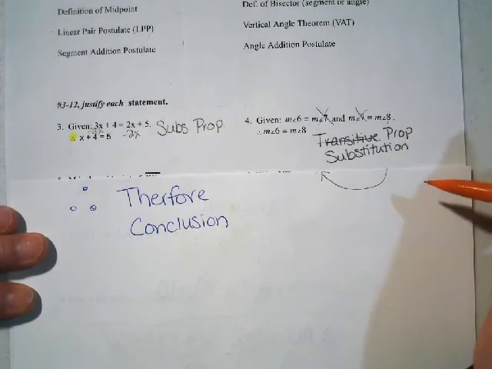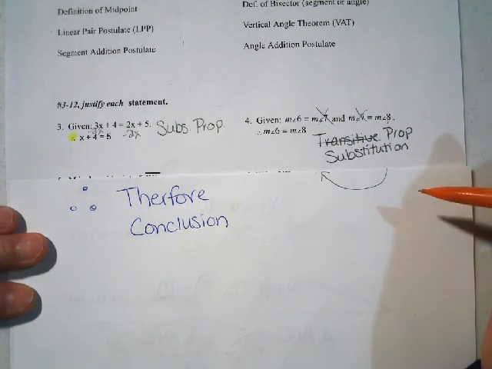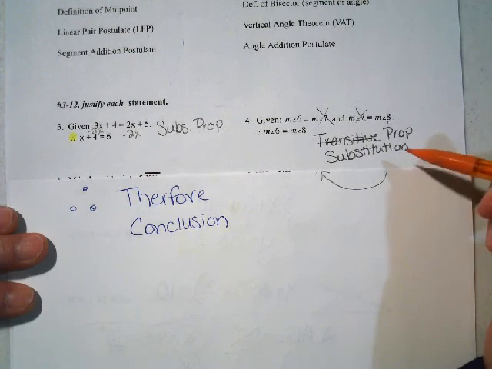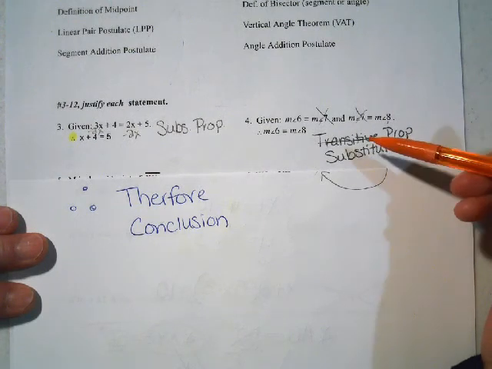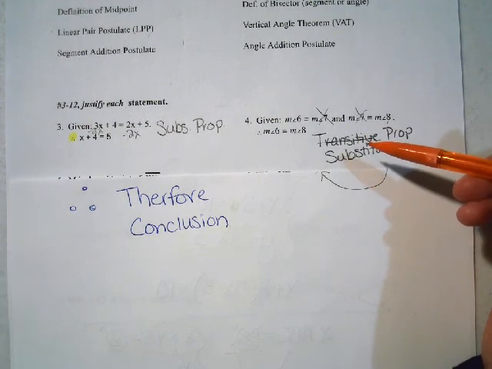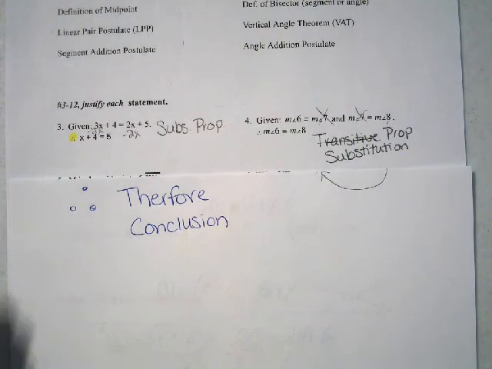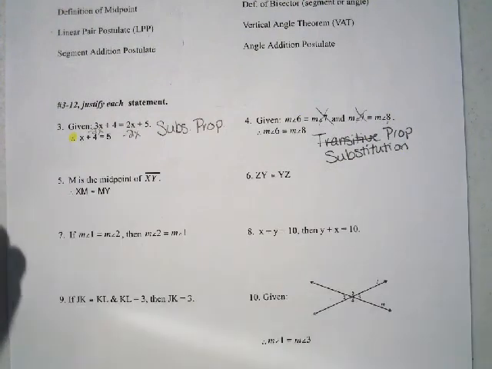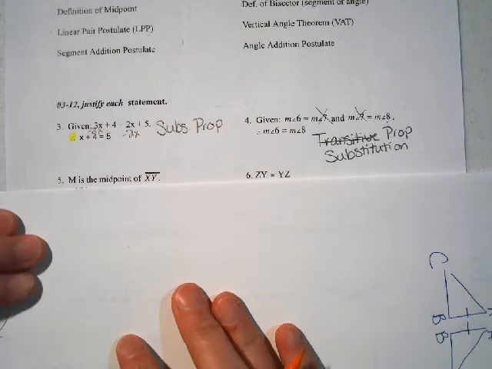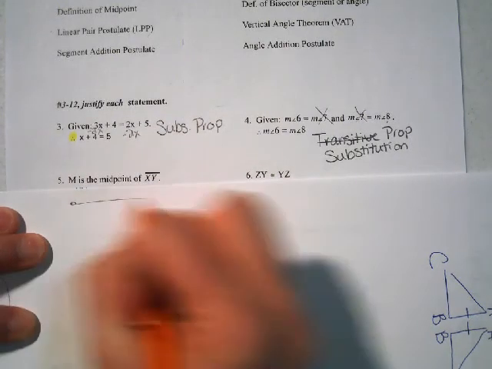However, I just say substitution. So I never use transitive. I understand it. It doesn't bother me. I just like substitution because I feel like substitution applies in more situations, where transitive is more specific and it's not always usable. So substitution to me is more generic.